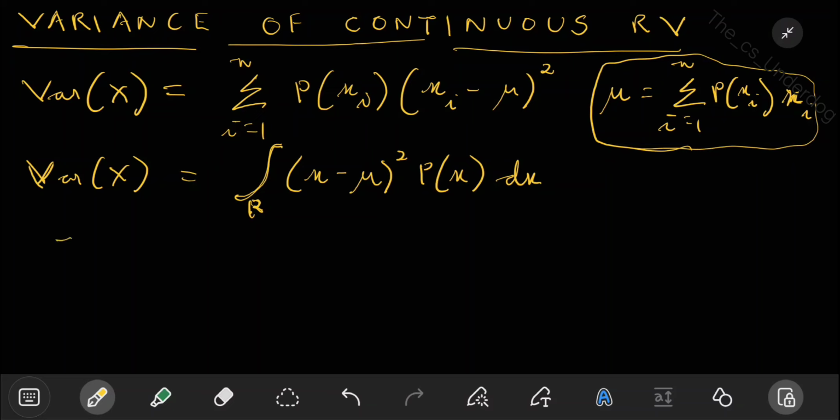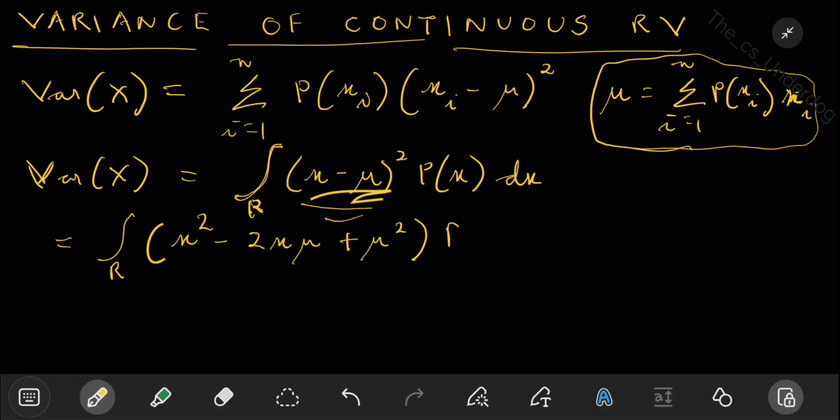Now, this is of the form (a minus b) the whole square. So this will become the integral over the range, and what will this be expanded to? x square minus 2 times x into mu plus mu square, into p of x dx.